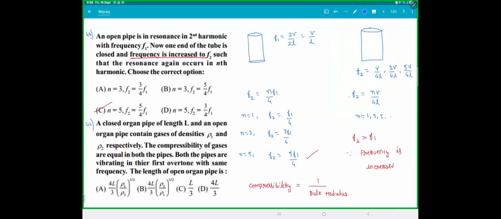Closed organ pipe of length L. First overtone is your third harmonic. So frequency will be 3 V1 by 4L.